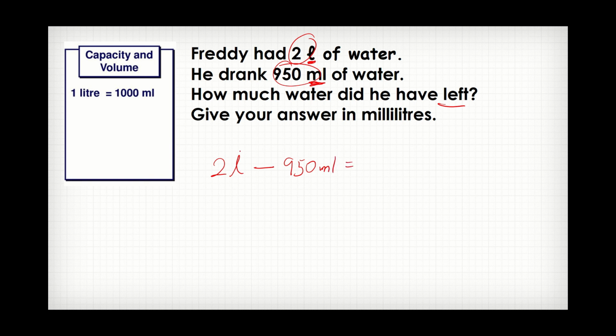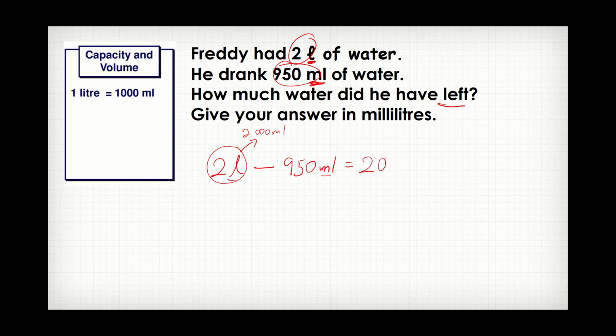I have a problem now because this is in liters. The units are not the same. So I need to change this from liters to milliliters, which is 2000 milliliters.